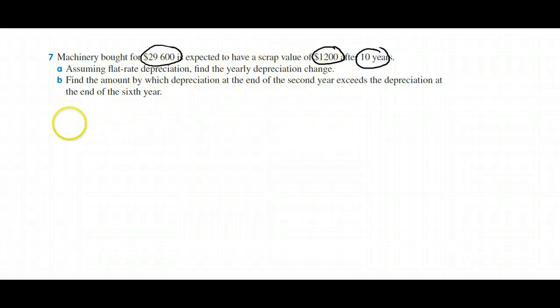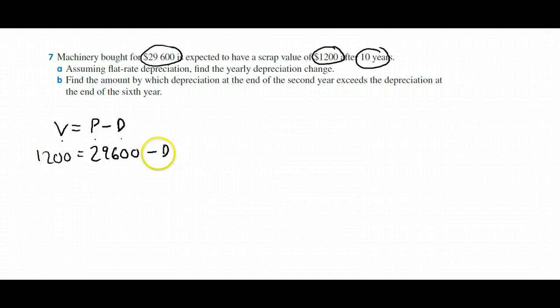Okay, so the first thing we should remember about these kinds of problems, depreciation problems, is that the book value of an item is its principal minus the depreciation. That's very simple. Its current value is what it was worth minus what it's lost in value. So we know that it was worth $29,600 and we know that it's now worth $1,200.